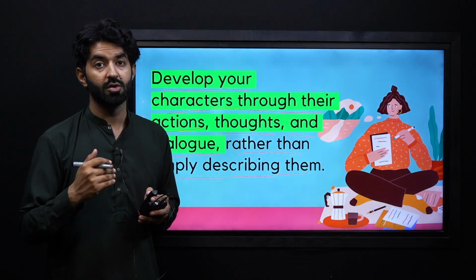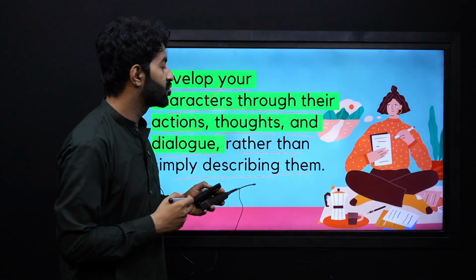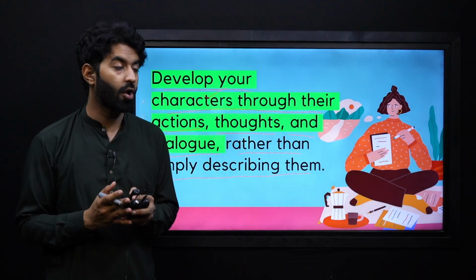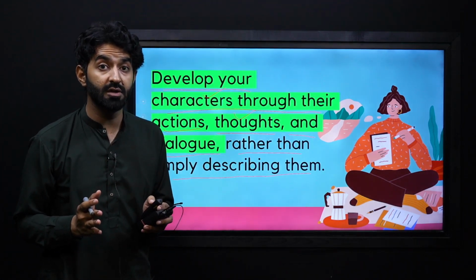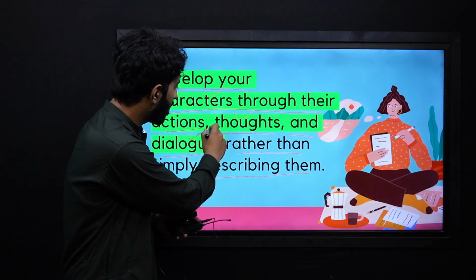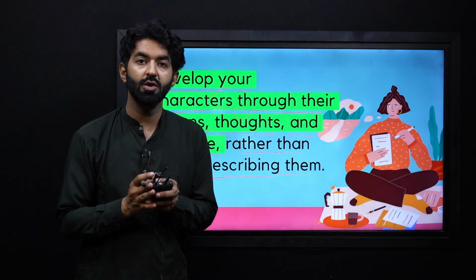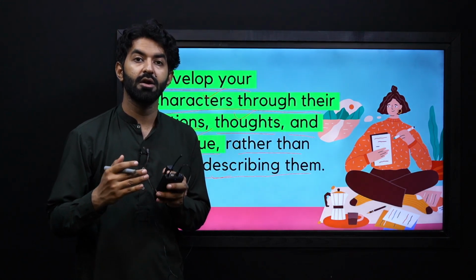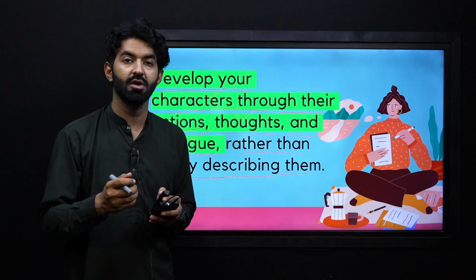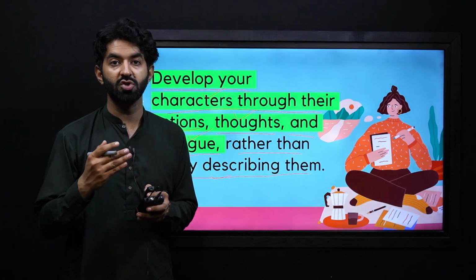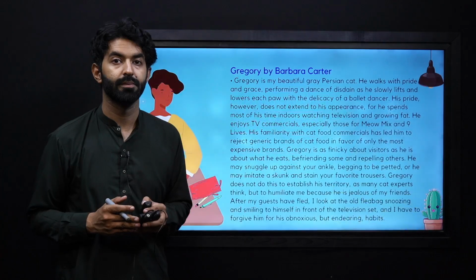You will convey your messages and develop your characters through the actions they perform, through their thoughts when you are quoting them in the writing, and through dialogues rather than simply describing them. You cannot keep on describing the character. You will also have to add dialogues and actions to keep those characters coming alive to the reader.